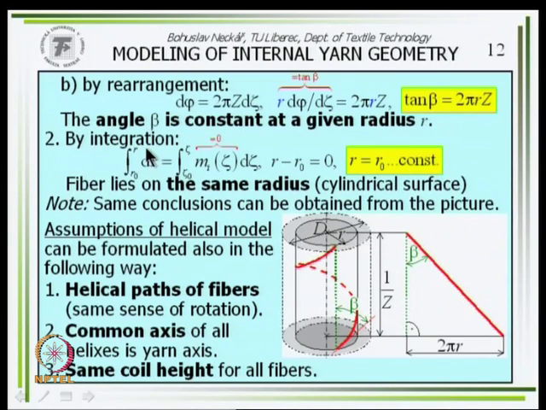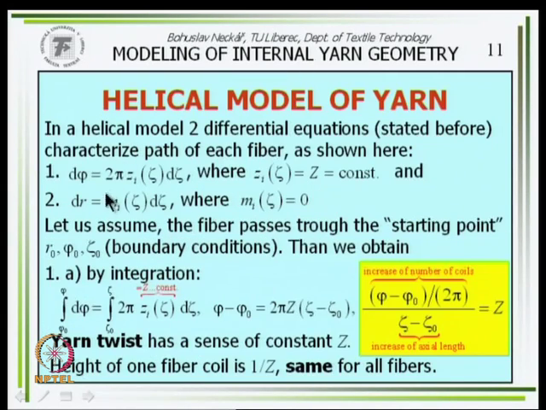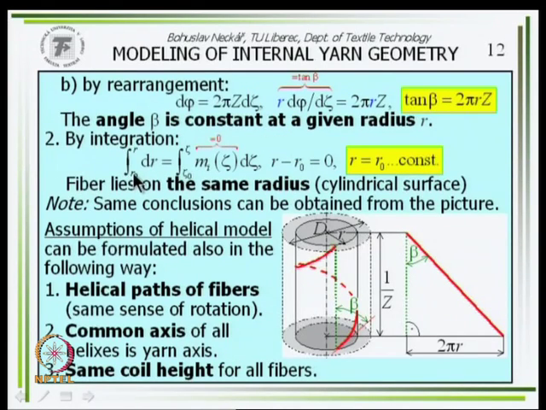And from the second differential equation, after integrating from r0 to r, here from zeta 0 to zeta, from the starting point to some general point, what do we obtain? Because this is 0, then r minus r0 must be equal to 0, so r is equal to r0. What does it mean? The given fiber is lying on a cylinder with constant radius, of course. Yeah? R is R0. Each r is r0.